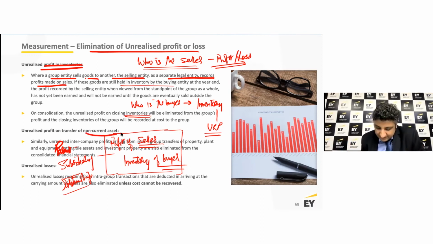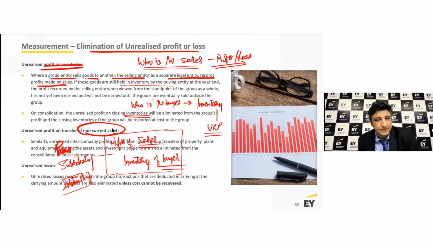It's a similar case as far as the transfer of non-current assets is concerned. It could have happened that one entity sells a machine to another entity at a profit, for example. So to that extent, that adjustment has to be made in the profit arising in the books of the seller. But on the other hand, in the books of the buyer, the machine's value is inflated.